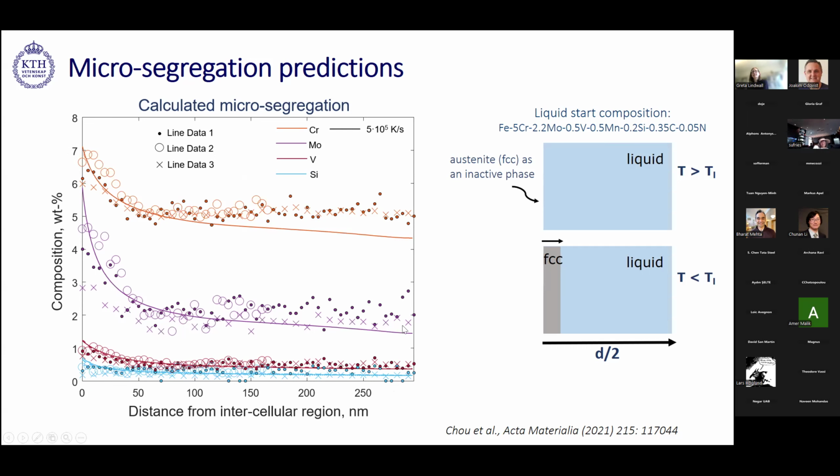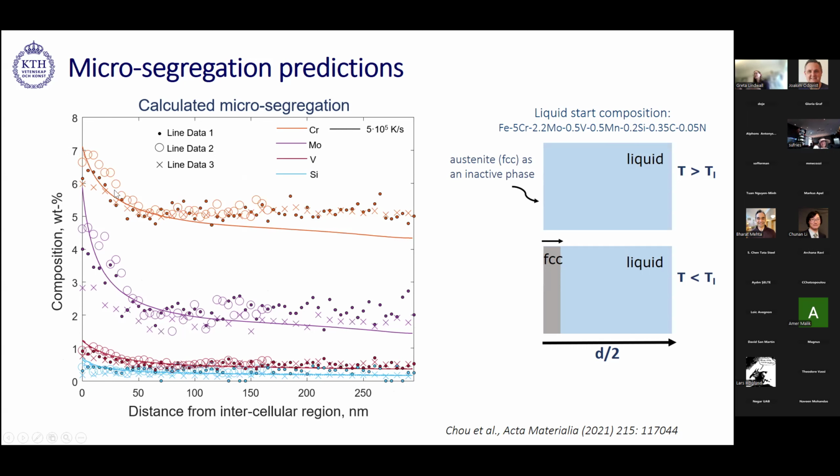We can see, as we expected from the experiments, that molybdenum segregates a lot, as do vanadium and chromium. We have also done EDS scans in TEM to compare with, and we can see that we are in good agreement with the simulations.